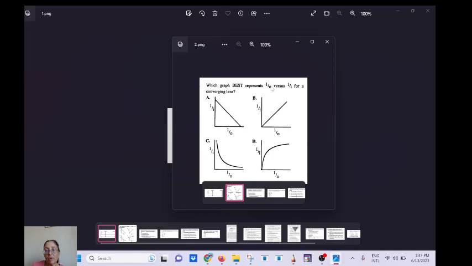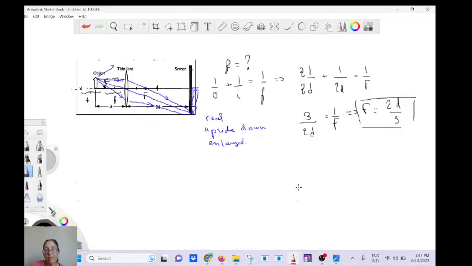So 1 over O versus 1 over I. So this is the thin lens equation. So imagine that 1 over O, that will be the object distance, plus 1 over I, that will be the image distance, equals 1 over F. So that will be our Y. That's going to be our X, the independent variable.